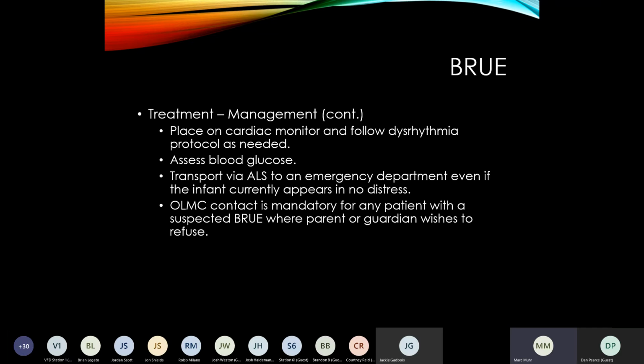Contact online medical control. Oftentimes, the caregiver may feel relieved once the child becomes somewhat normal again, and refuse transport. These patients need to be transported. Use medical control as appropriate. Essentially, these patients need to go in for evaluation.